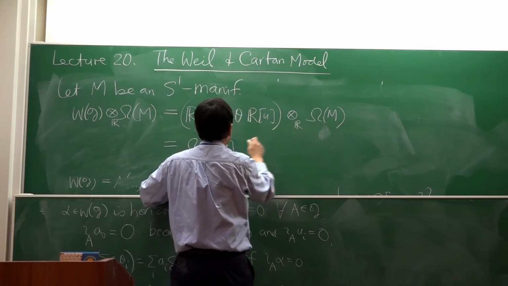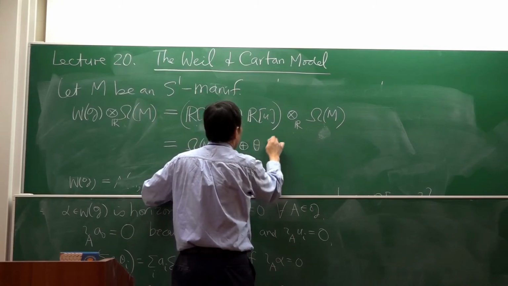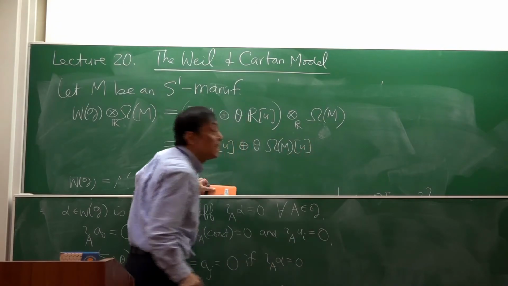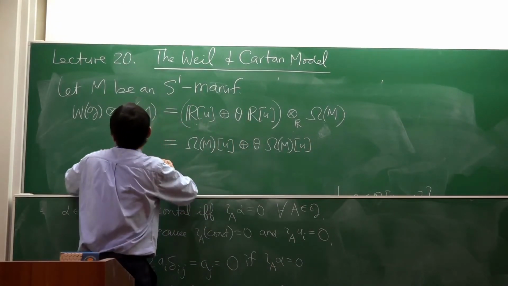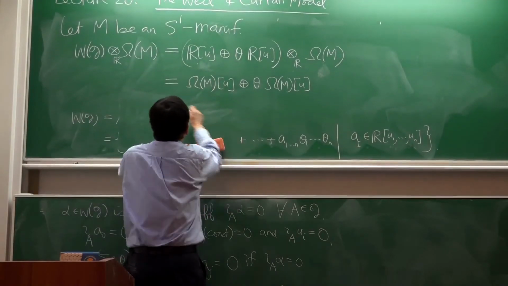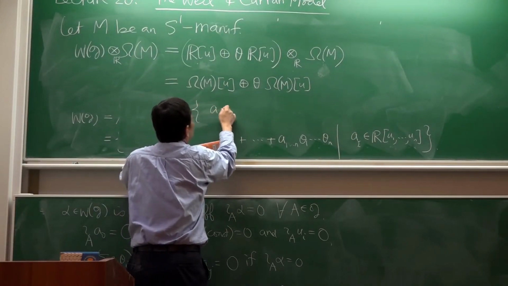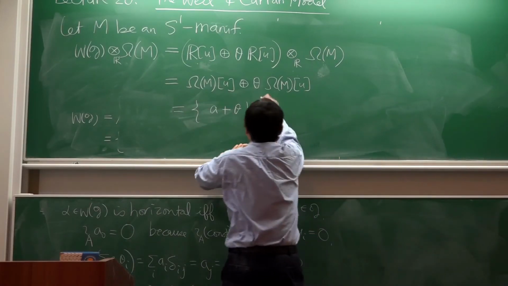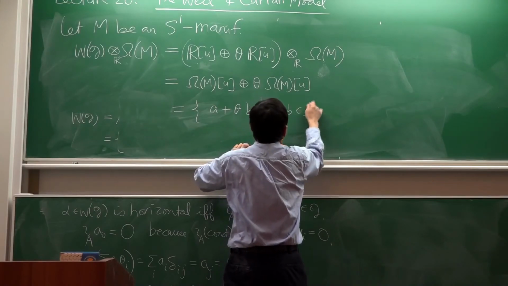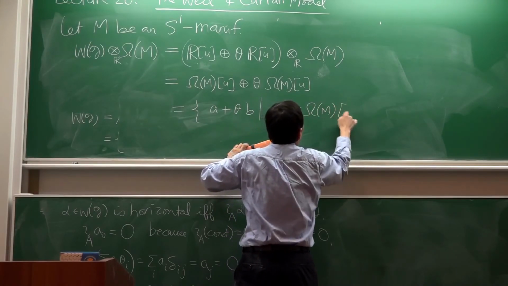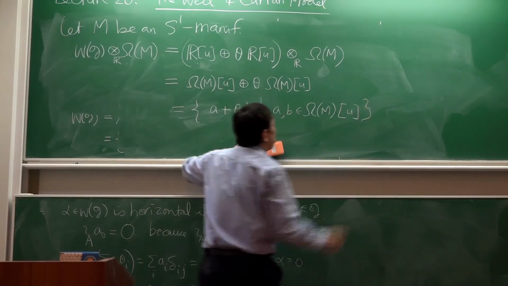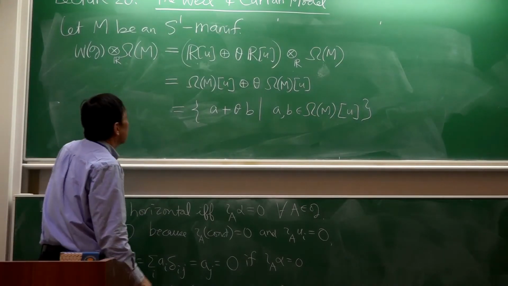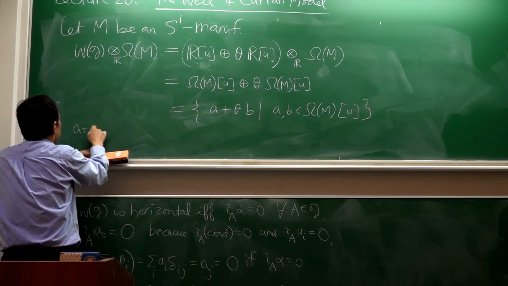And then this tensor with this is theta omega n U. Okay? So these are elements of the form A plus theta B, where A and B are elements of omega n U. They are polynomials in U with coefficients in the forms.